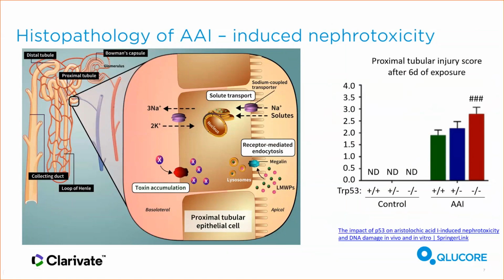So what you're seeing in this histogram is on the y-axis is a semi-quantitative score of the extent of damage in these cells. So straight away you can see no damage in the water controls versus damage when aristolochic acid is injected into these mice.